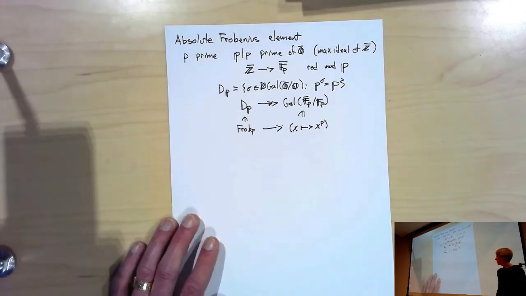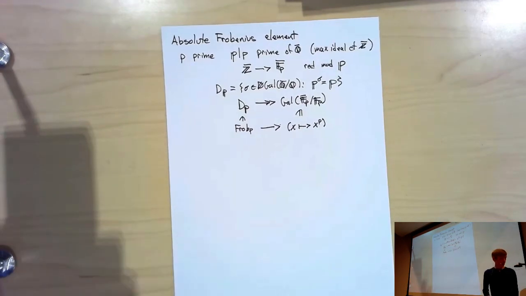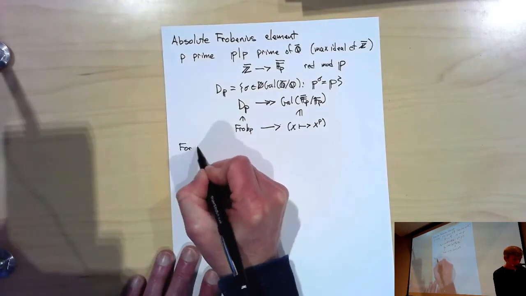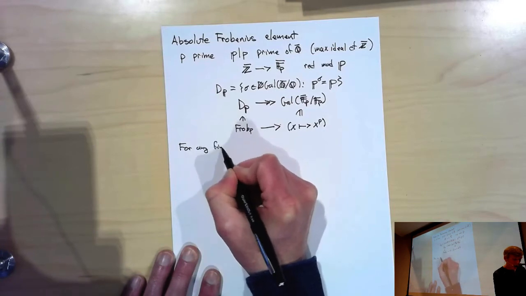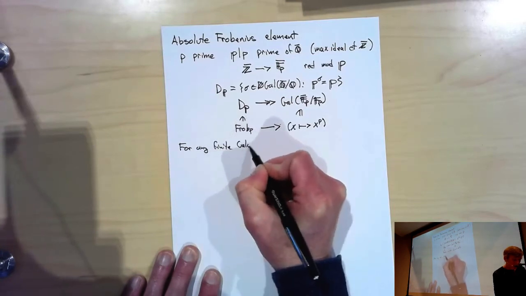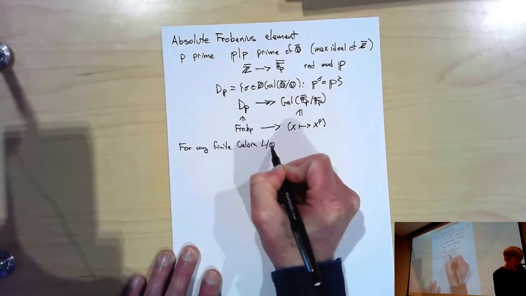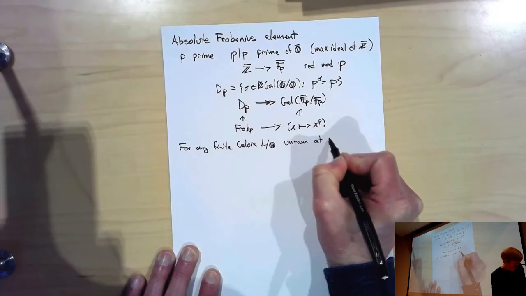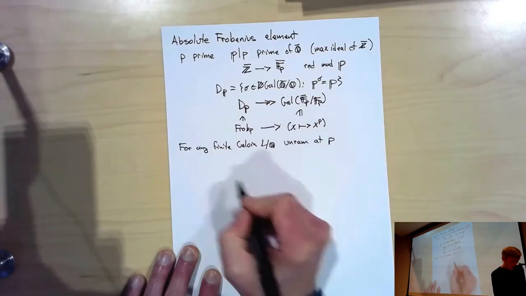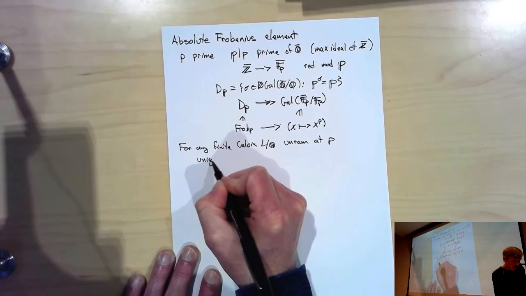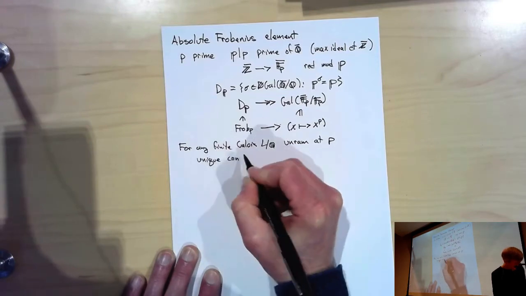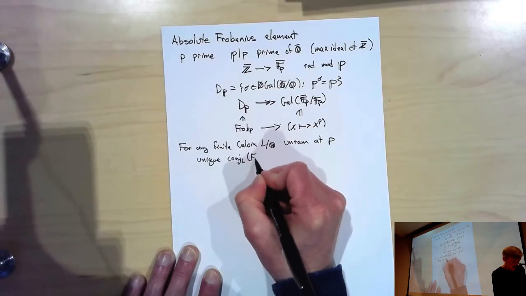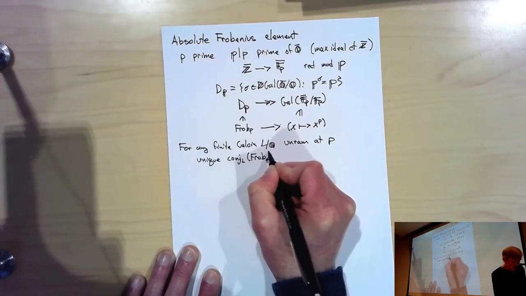So this is certainly in no way canonical, this absolute Frobenius element, but it has the following wonderful property: for any, say, finite Galois extension L, if it's unramified at p, well then we have a unique conjugacy class, which I'm going to denote Conj_L, associated to our absolute Frobenius.